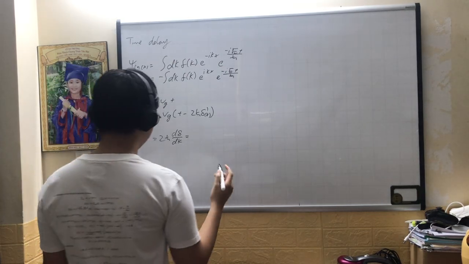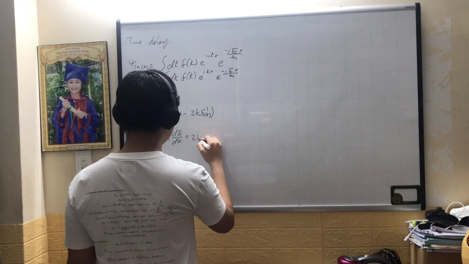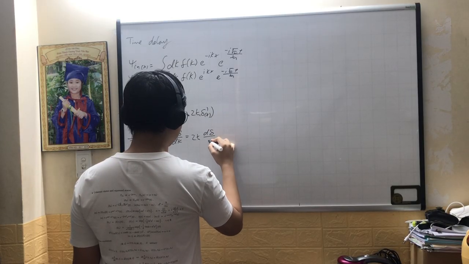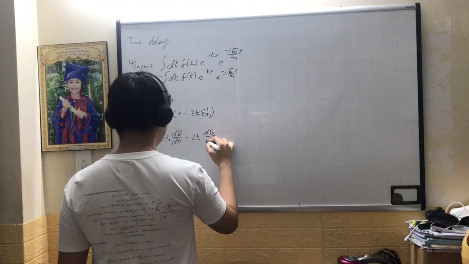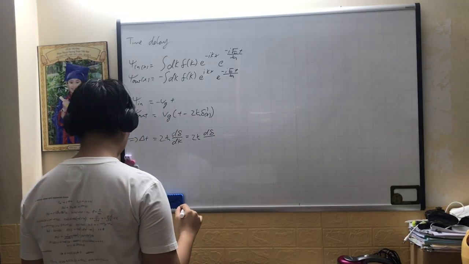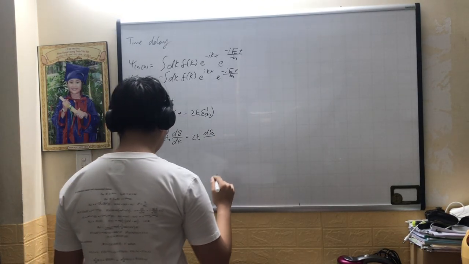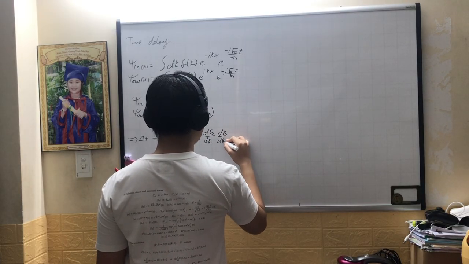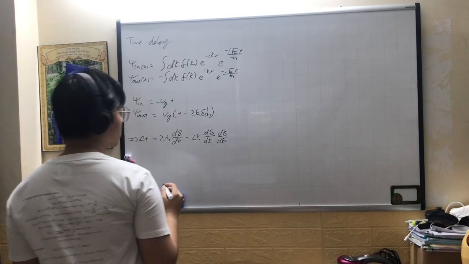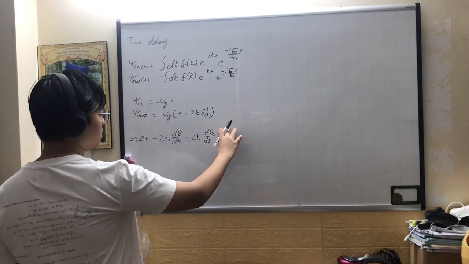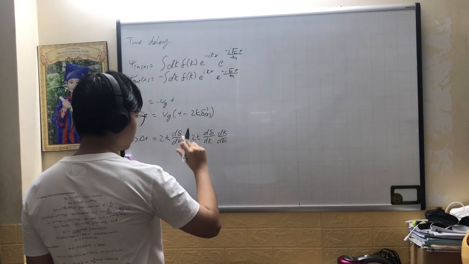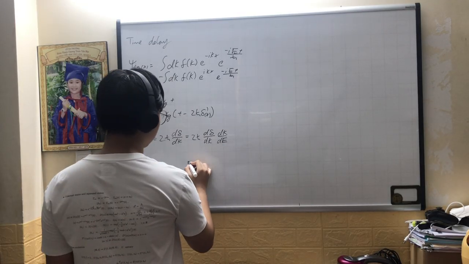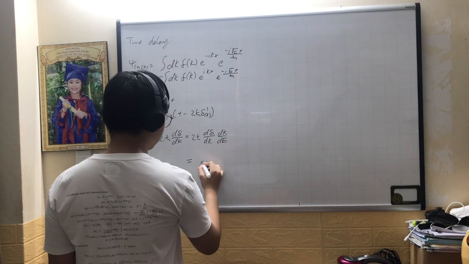And from here, I'm going to split it up into d delta dk, and put in a dk dE. Now you can take this term, put it down here over to the denominator of the 2.